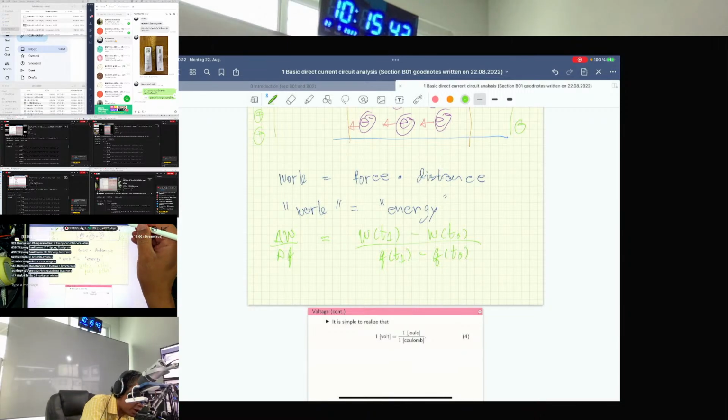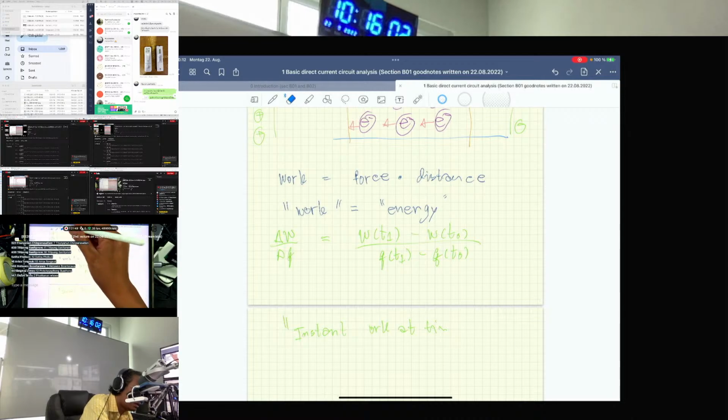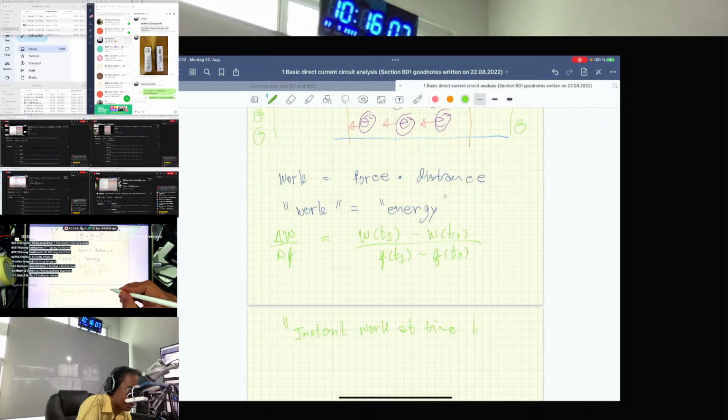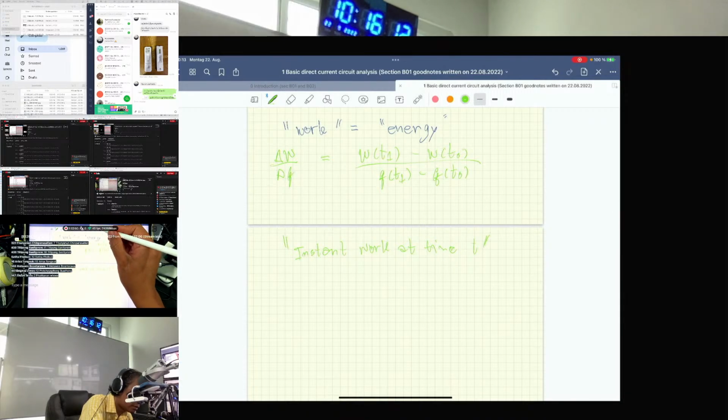Okay, and if you want to observe the instant work, instant work at time t, you're going to have an expression like limit delta t to 0.